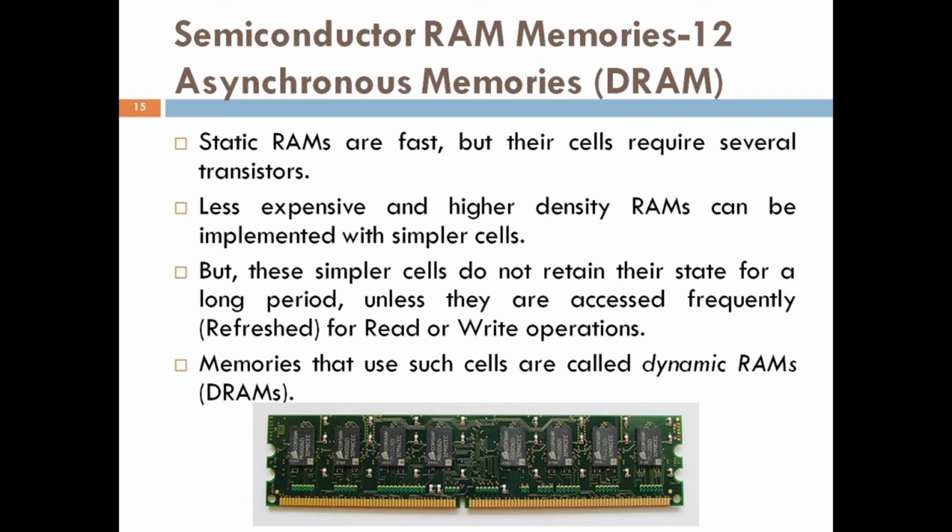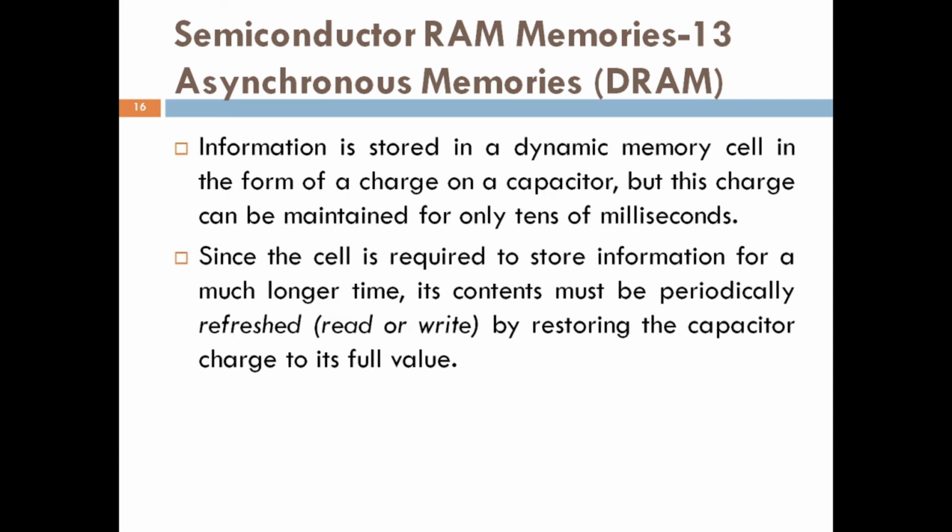Hence, they are called dynamic RAMs, or DRAMs. The information stored in a dynamic memory cell is in the form of a charge on a capacitor, and this charge can be maintained for only tens of milliseconds. Since the cell is required to store the information for a much longer time, its contents must be periodically refreshed by restoring the capacitor charge to its full value.